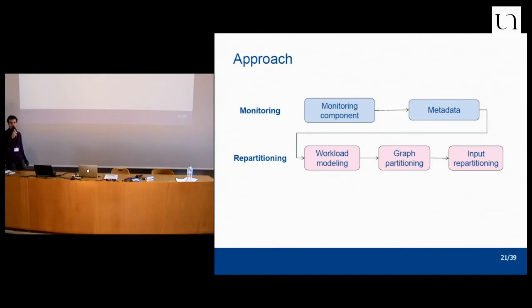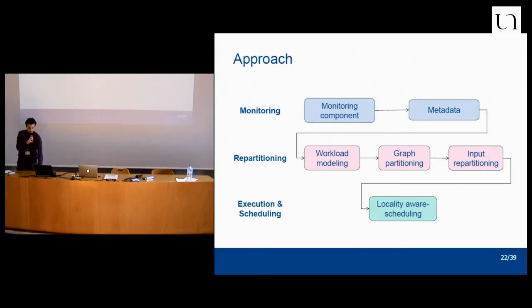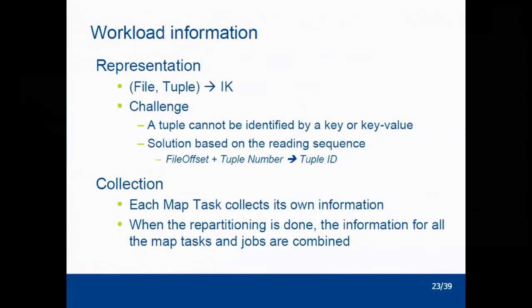We model the workload through a graph, because a graph represents relationships between elements. Then we use graph partitioning algorithms, as there are several libraries that we can use for that. With the result of this partitioning, we repartition the input. And with the new input, by applying a locality-aware scheduling algorithm like the approaches that I mentioned before, we can minimize the data that is transferred. I will go into more detail on these phases.